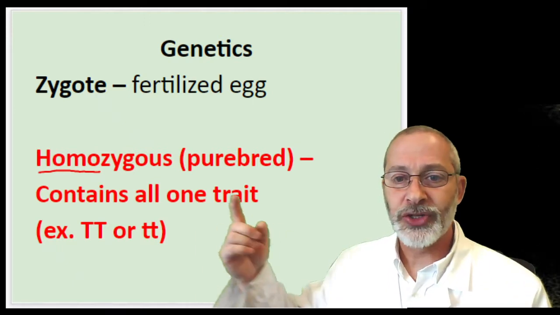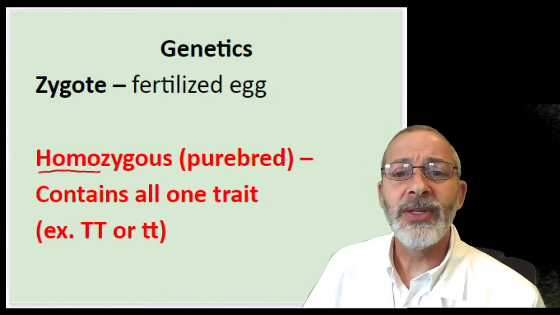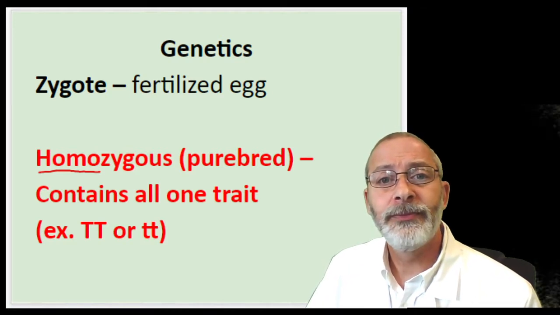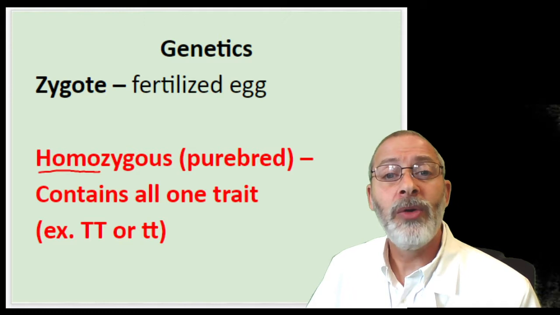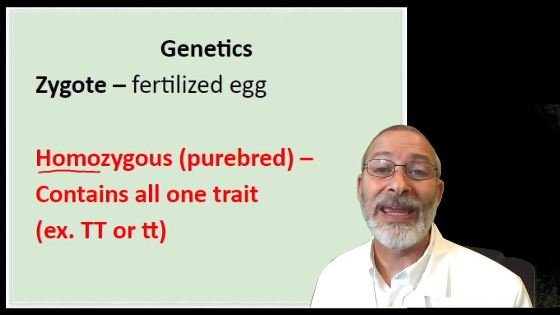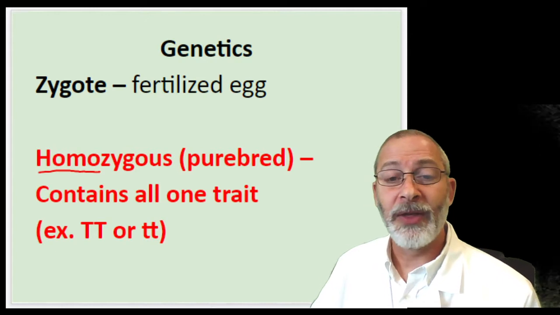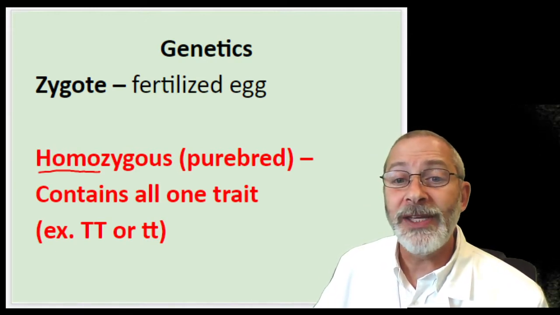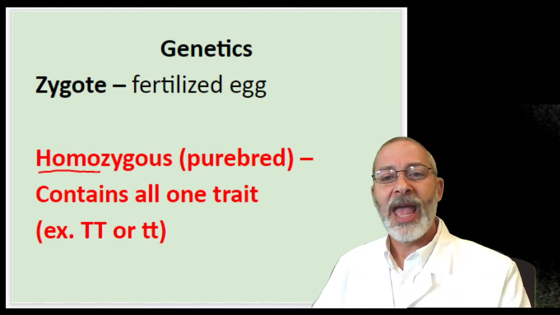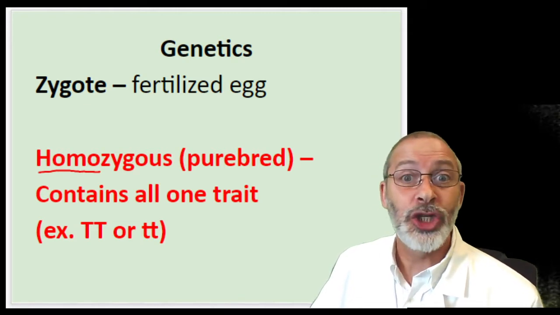Notice this next term called homozygous. Does anyone know what the prefix homo means? Homo refers to something that is similar or the same. So when we put homo in front of zygous, and by the way, do you see ZYGO? Very similar to zygote. And we can add an OUS at the end of a word to make it an adjective.